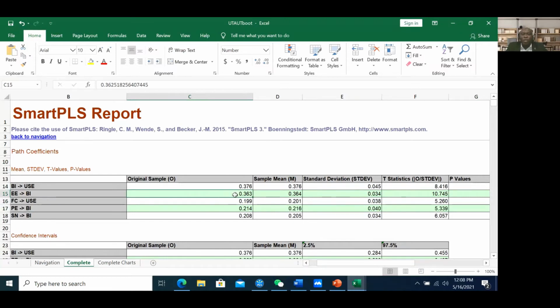If the hypothesis we posited was that EE has a negative impact on BI and we had this value, we would reject the hypothesis, stating that it was not supported.